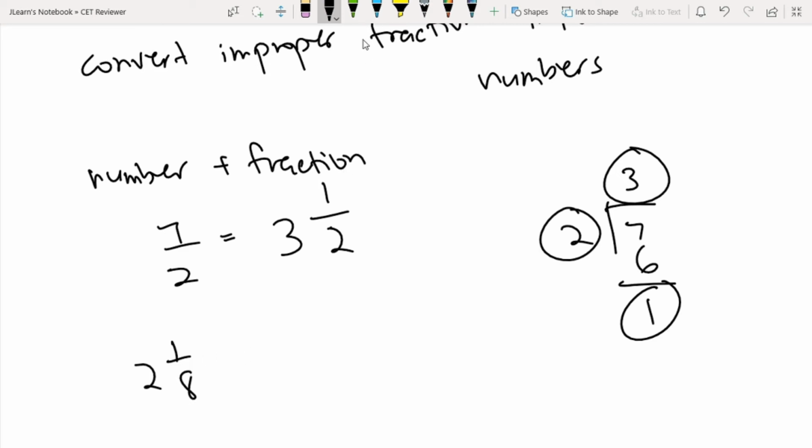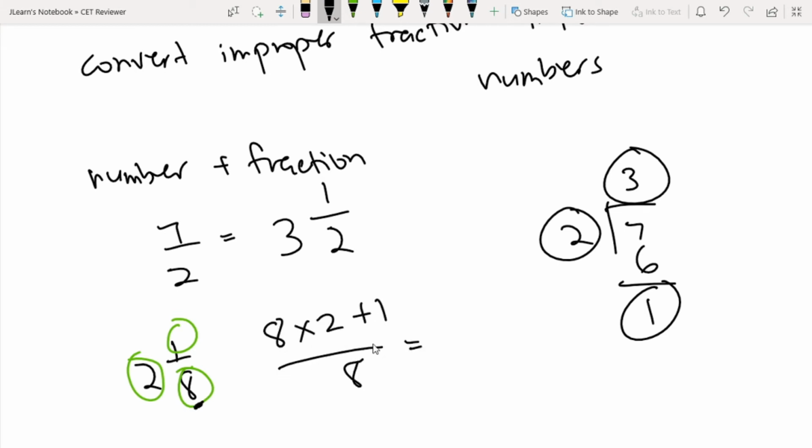So, madali lang to. What we do is we multiply the denominator by the number and then we add yung numerator, and then divided by the denominator na original. So what do I mean by that? No? 8 times 2 plus 1 all over 8. So this is now equal to 8 times 2, 16, plus 1 is 17. Then divided by 8. No?